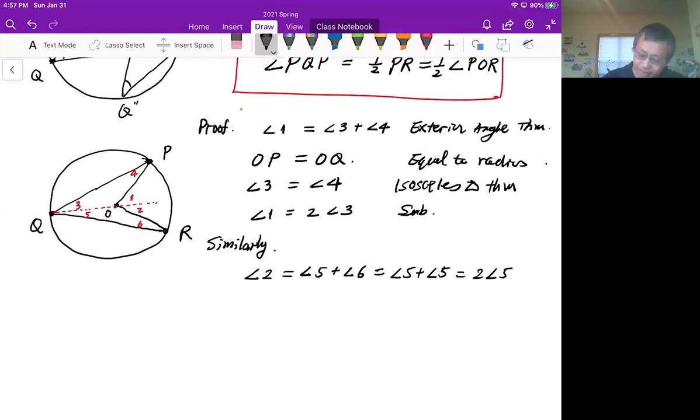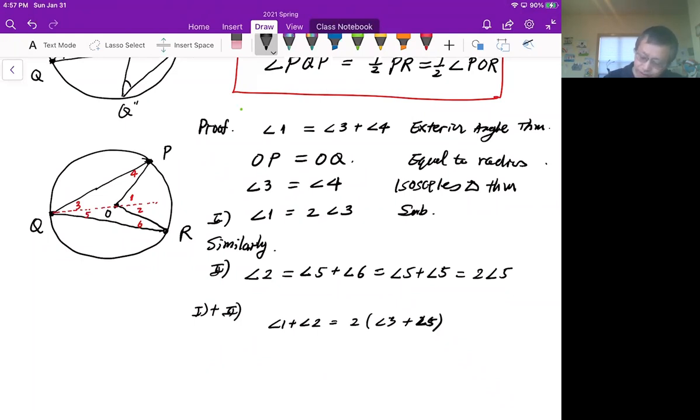And I want to add them together. Suppose this is my equation 1, this is my equation 2. Adding 1 plus 2, I get angle 1 plus angle 2 equals 2 times angle 3 plus angle 5. And I'm done.